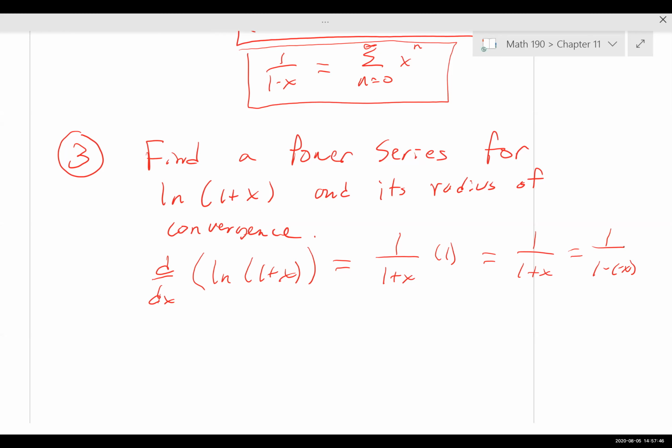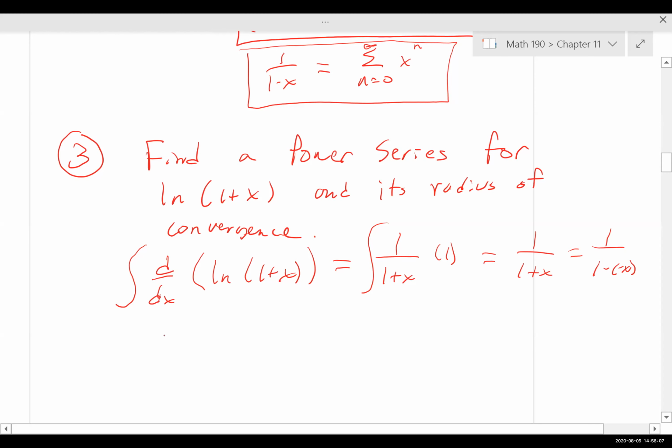Okay, so if I integrated both sides, right, I would be integrating a power series. I could integrate the power series here, right?